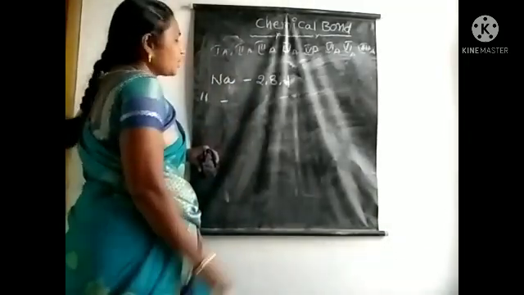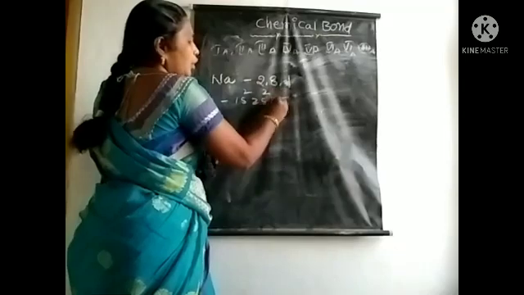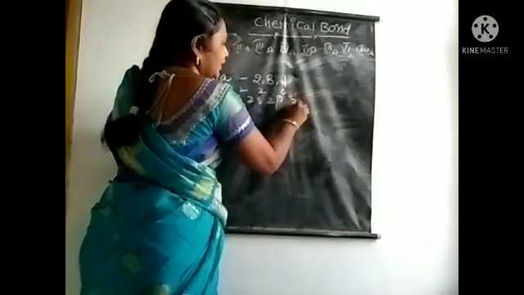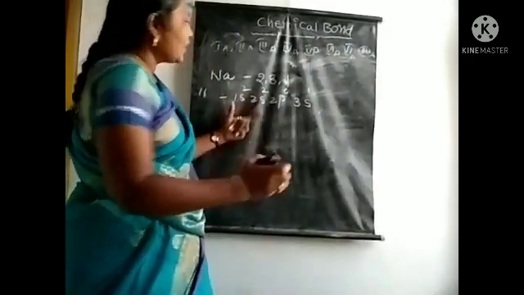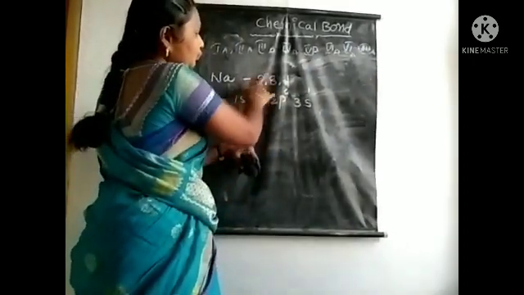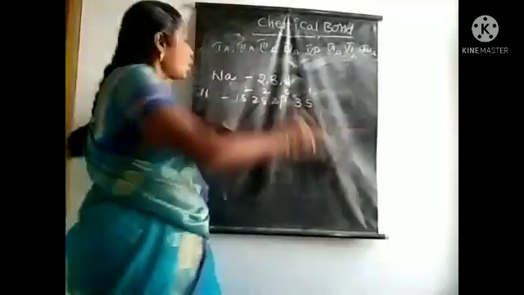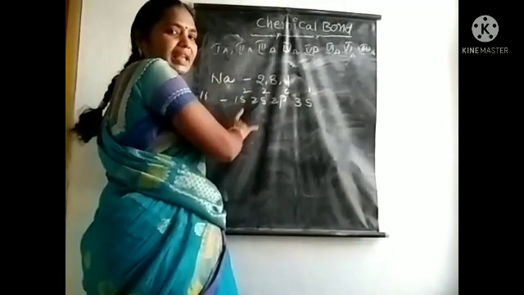The electronic configuration of sodium is 1s2, 2s2, 2p6, 3s1. For your understanding, I will write it like this: 2, 8, 1. Do you understand? Okay.